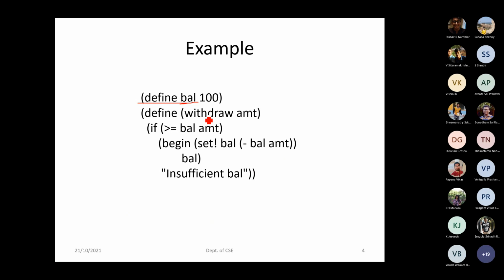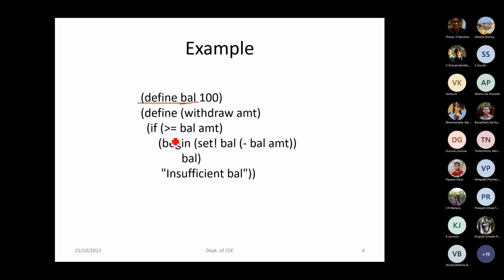Then I have started defining a procedure called withdraw, asking how much amount I want to withdraw. Within this, I have given a condition, because it can't keep withdrawing once it reaches the minimum balance. You can set a minimum balance, but here I haven't set anything. I expect the amount should not be more than the balance you have.